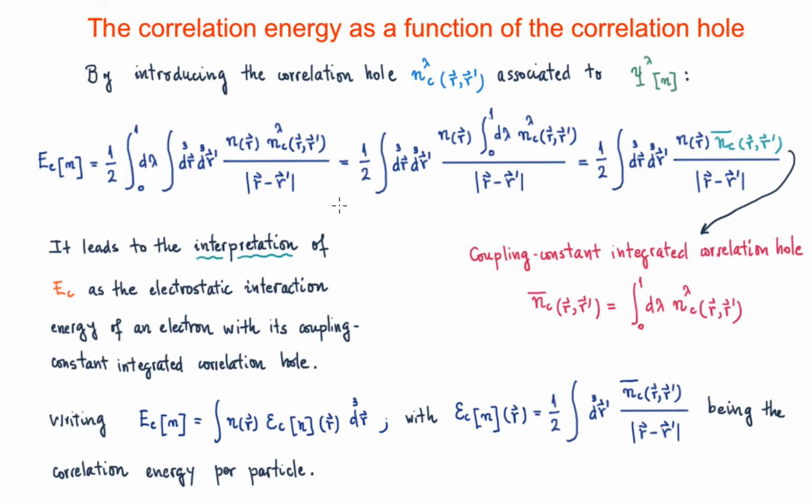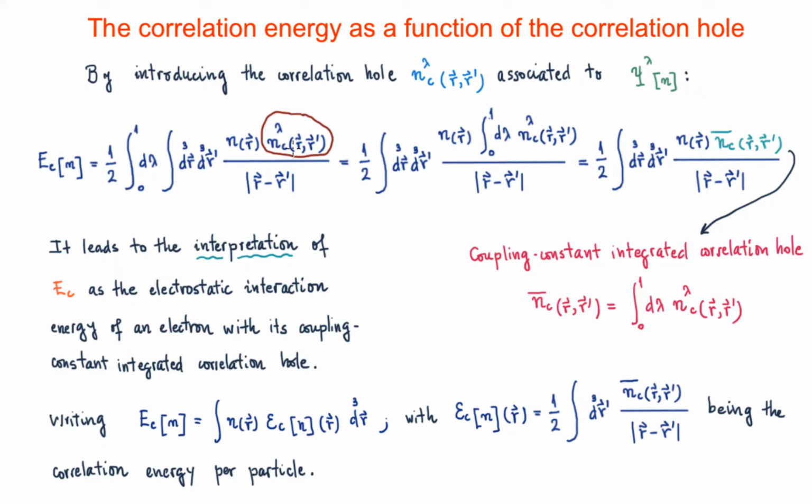Considering the adiabatic connection formula, we can write that difference as a function of the lambda-dependent reduced correlation hole, and we need to do the integration over lambda from 0 to 1.